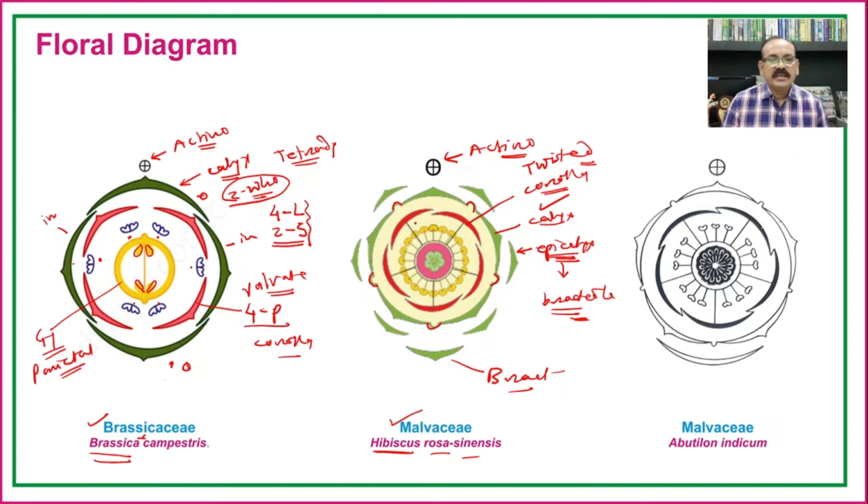So, here these petals are free from each other, that is polypetalous condition with twisted aestivation.